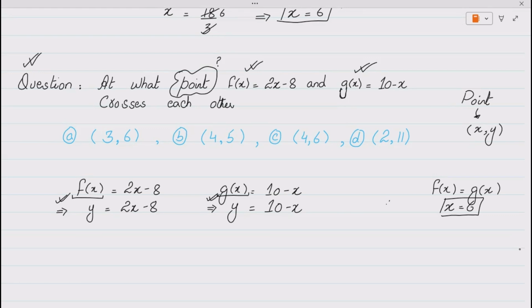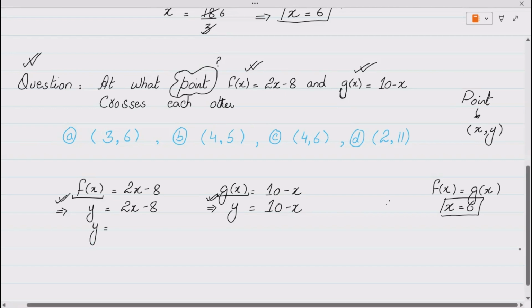So let's assume I am taking this equation, y equals 2x minus 8. When I put x equals 6, y equals 12 minus 8, which gives y equals 4, right?